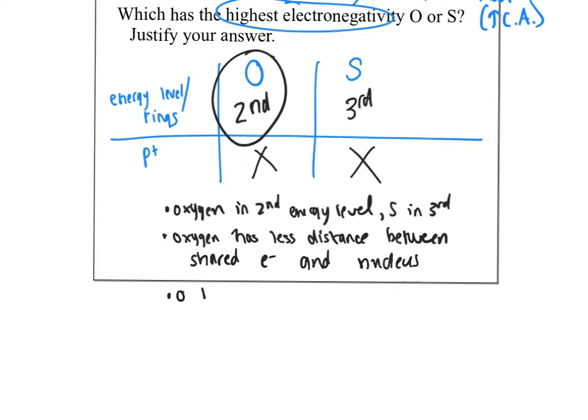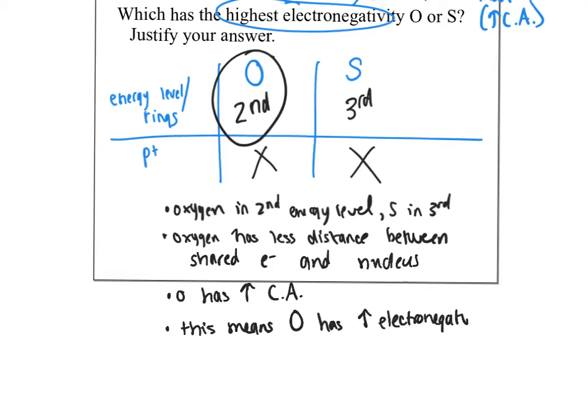So oxygen has higher Coulombic attraction. This means oxygen has higher electronegativity. And we know that electronegativity is that attraction between the shared electrons and the nucleus.